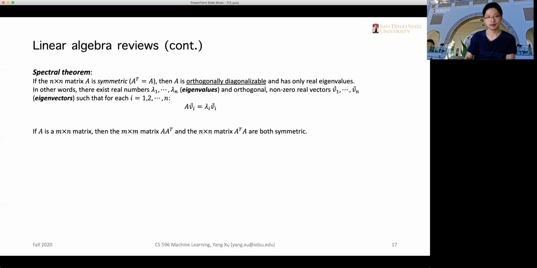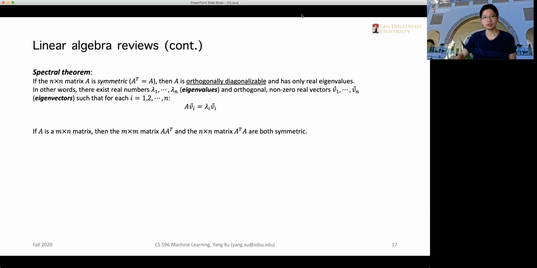Okay, so now let's take one more step towards our goal, because remember, in our previous settings, we actually want to find the eigenvectors and the eigenvalues of the covariance matrix. It's a very special type of matrix. First of all, it is a symmetric matrix because it is the result of multiplying x tilde, the normalized x, with x tilde transpose. And the result of that product is a symmetric matrix, okay?